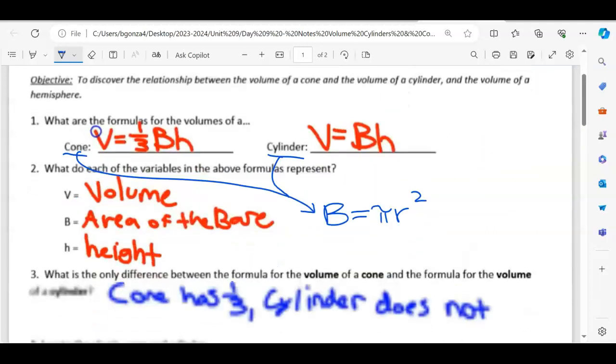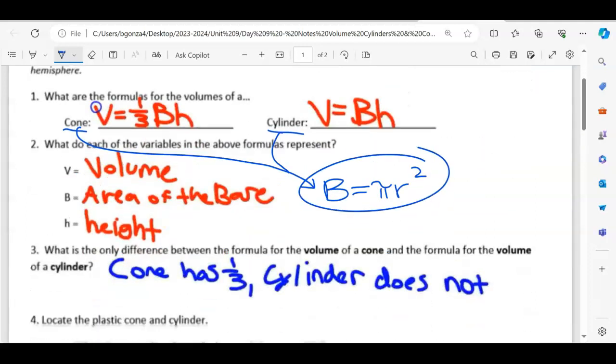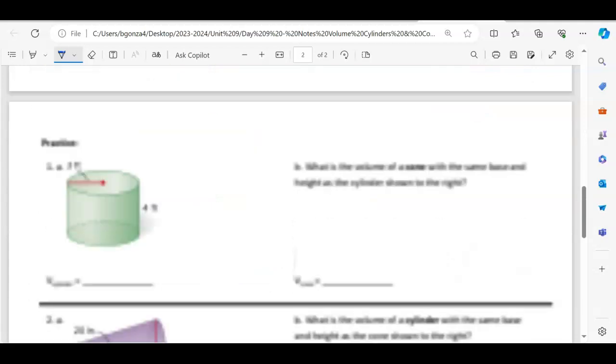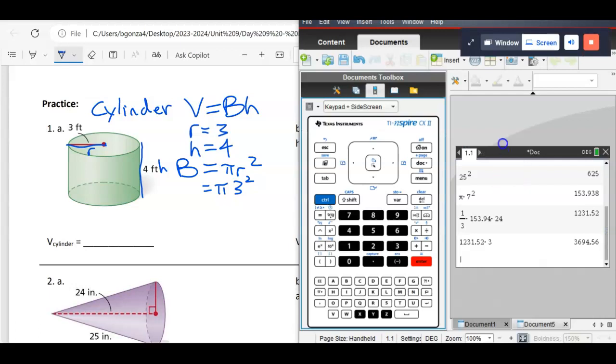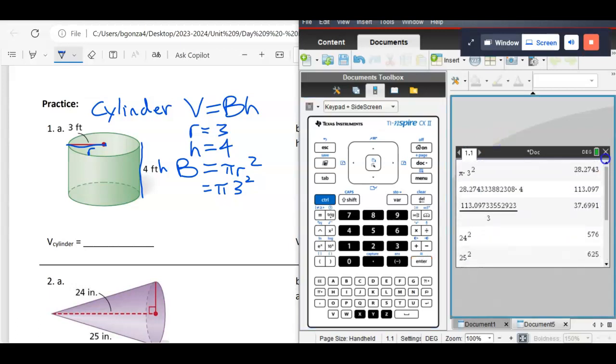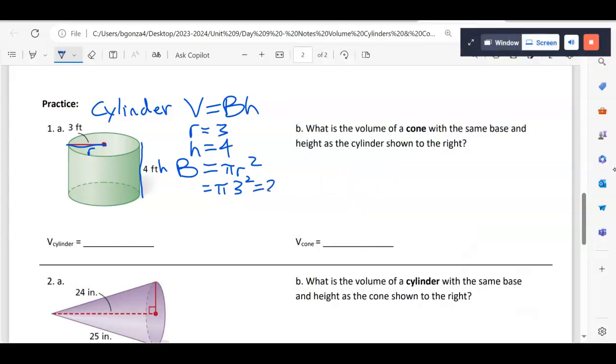And to figure out big B, didn't we already write this down up here? To find capital B, pi r squared is the area of a base circle. So pi r squared. So we're going to do pi times 3 squared for the base. Now look, I did this earlier. I got 28.27. So far so good.